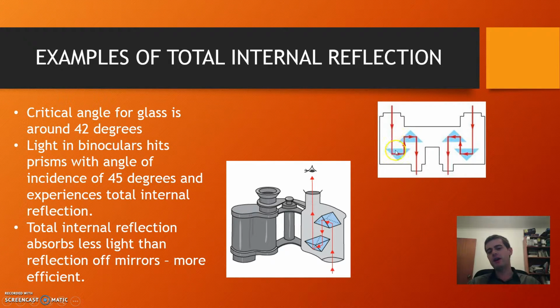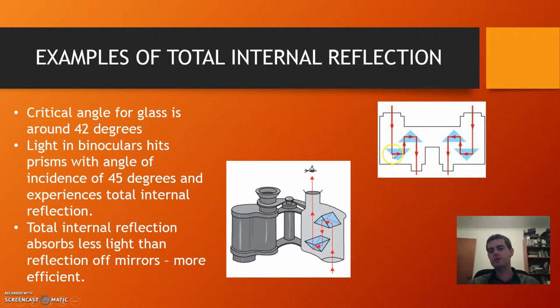So basically that light ray is coming into those glass prisms and hitting the surface of them at an angle of 45 degrees. Since that angle of incidence, 45 degrees, is greater than the critical angle, the light can't pass from that glass and out of the glass prism into the back part there where I'm moving my mouse.